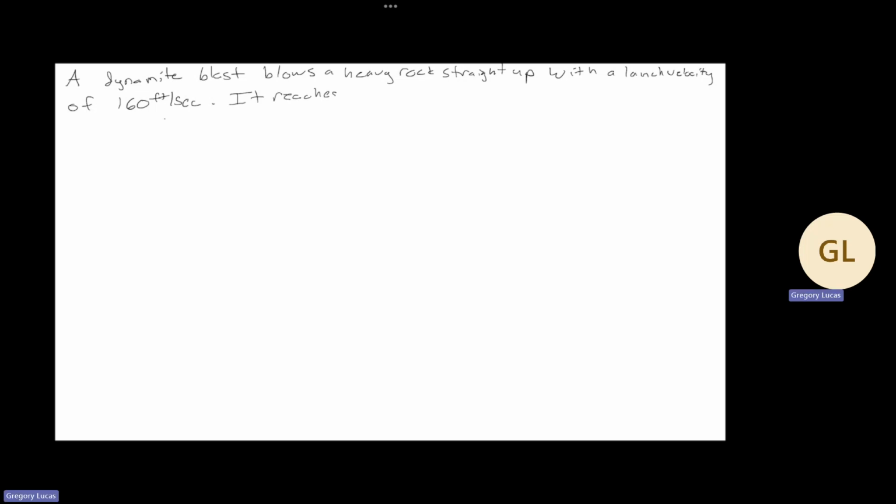It reaches a height of s equals 160t minus 16t squared after t seconds.